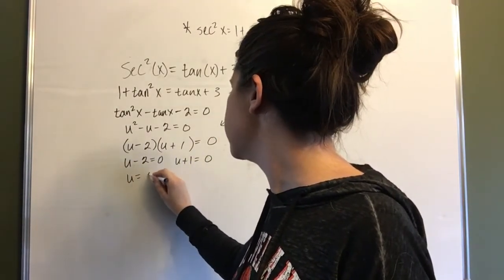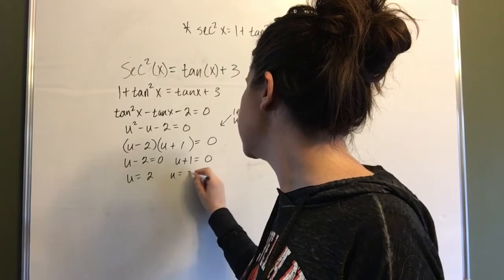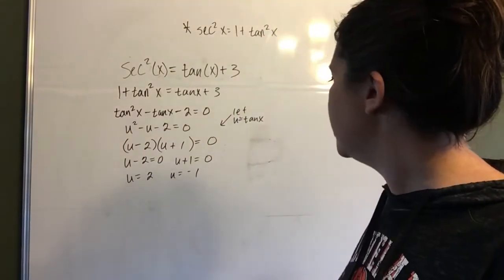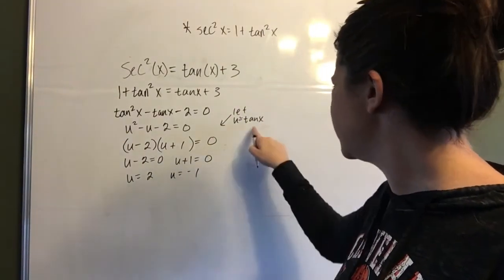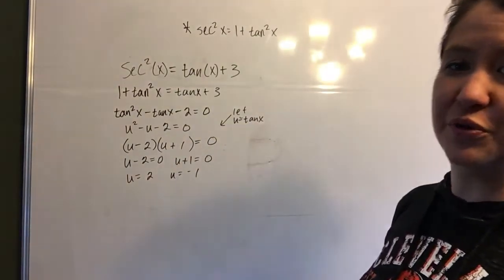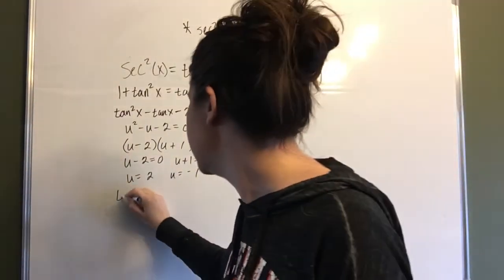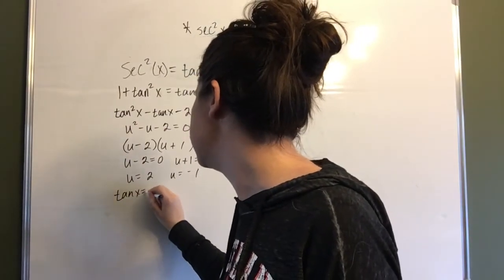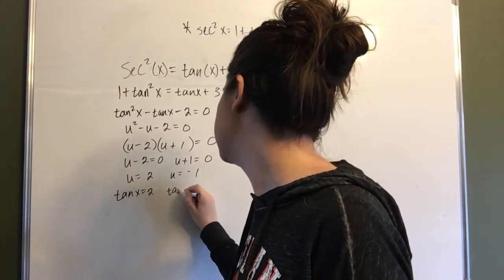We get u equals 2, and we get u equals negative 1. U was just a placeholder, though, for us. U was holding the place of tangent. So what we really have here is that tangent equals 2, or tangent equals negative 1.